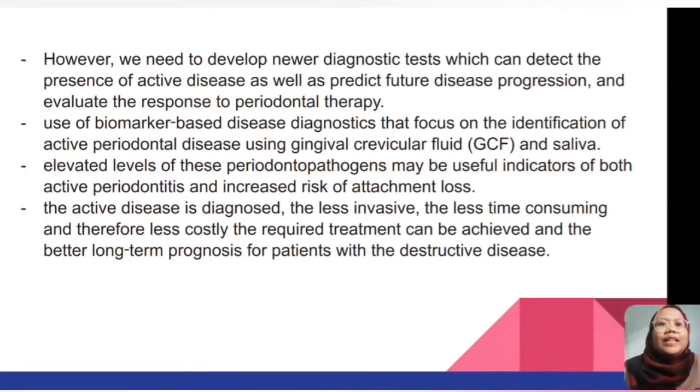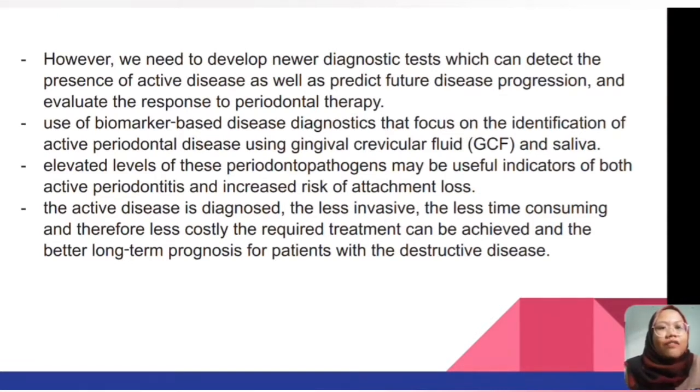However, we need to develop newer diagnostic tests which can detect the presence of active disease as well as predict future disease progression and evaluate the response to periodontal therapy. Biomarker-based disease diagnostics focus on the identification of active periodontal disease using gingival crevicular fluid, GCF, and saliva.